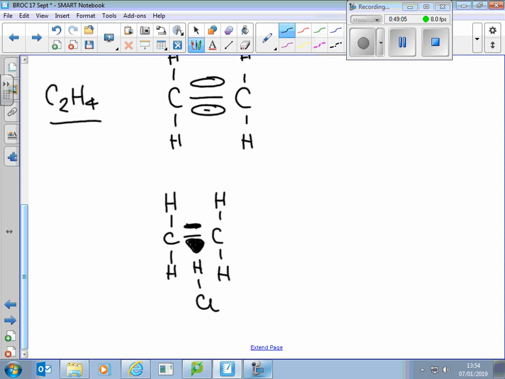I haven't got room for a delta, so I'm just going to put a positive there and a negative there. The electrons will be pulled towards the hydrogen. Does that make sense? The hydrogen is the electrophile, really. Yeah? So it's going to pull the electrons away from the pi bond.